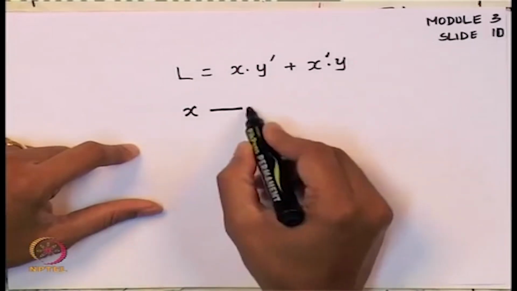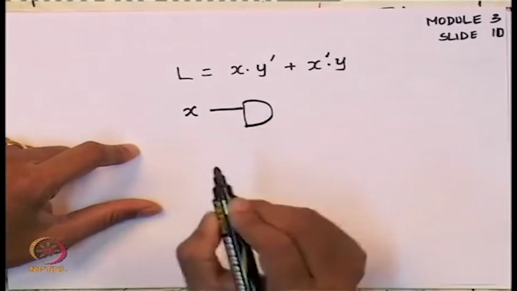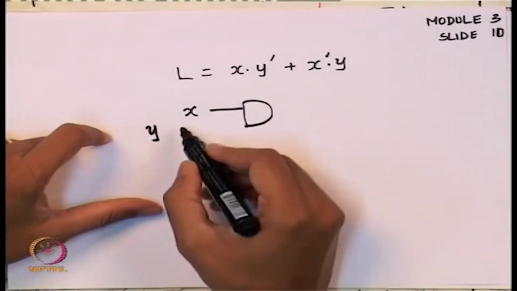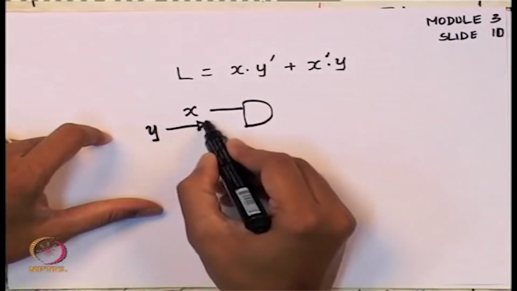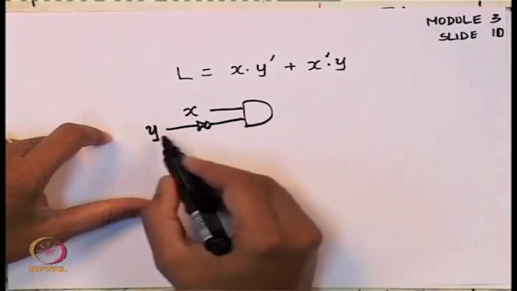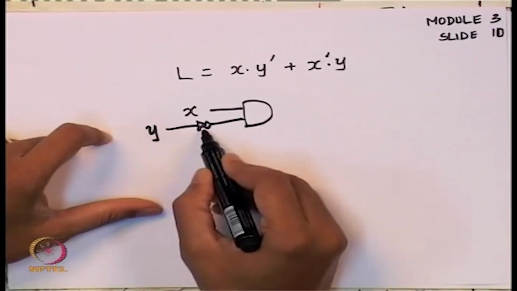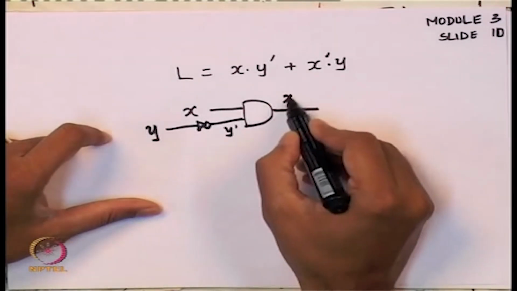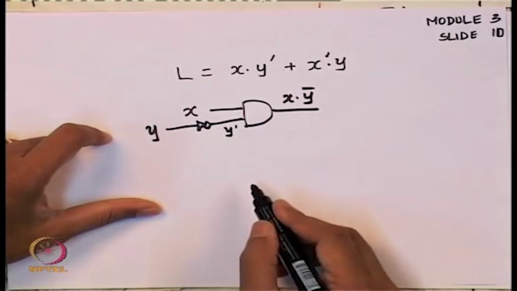X and Y complement. If I give you Y as an input, I can't use Y directly, I want Y complement. I know that Y complement can come if I have a Y and I stick an inverter there. So this will be Y complement, and this is X and Y complement.